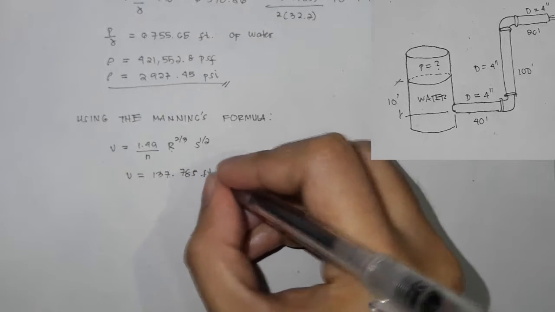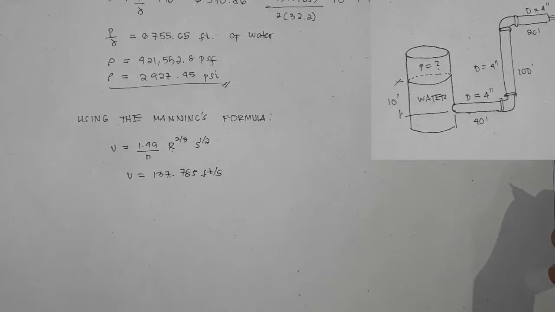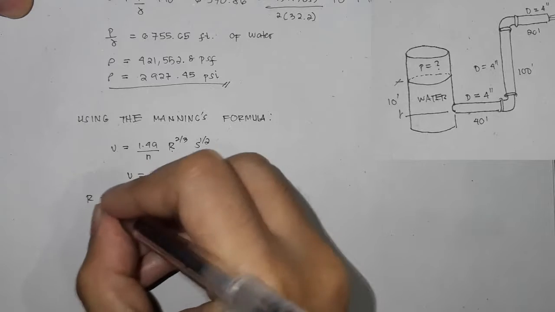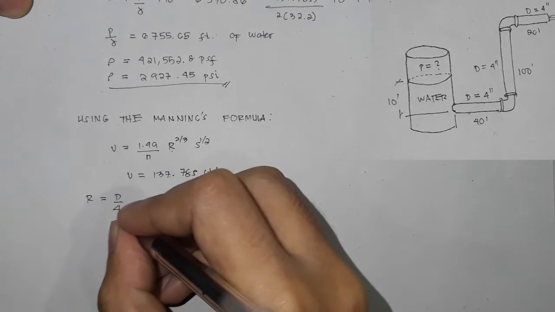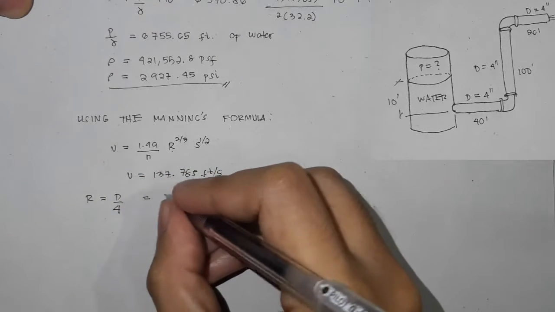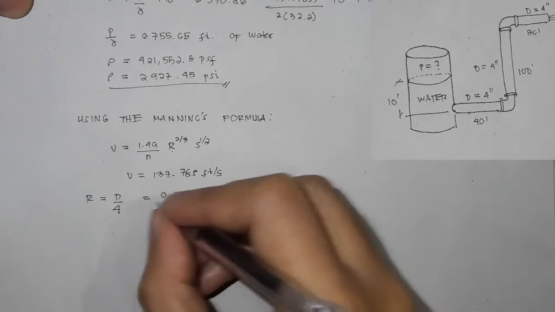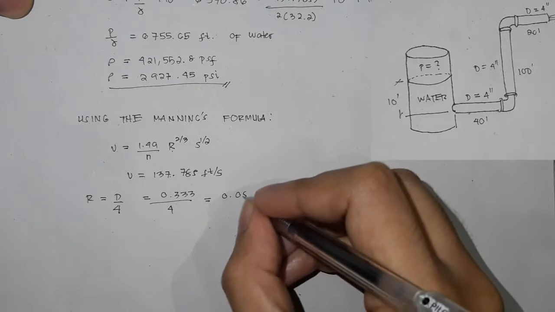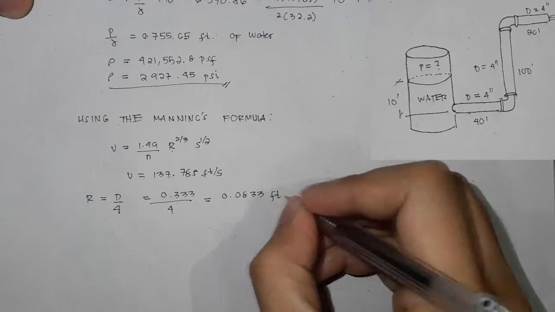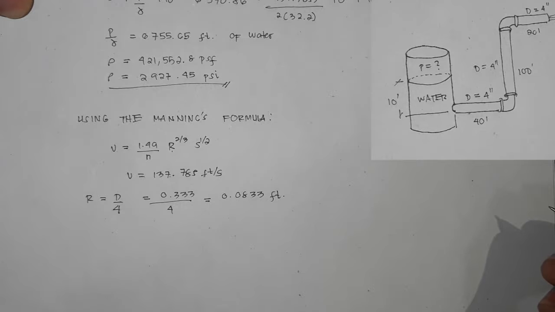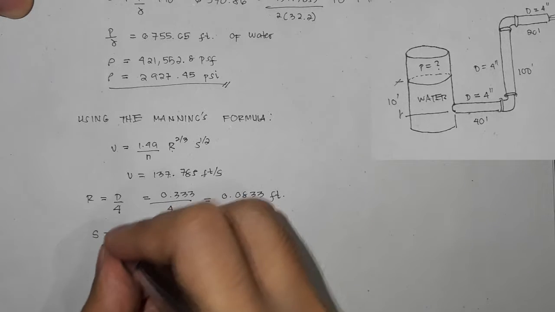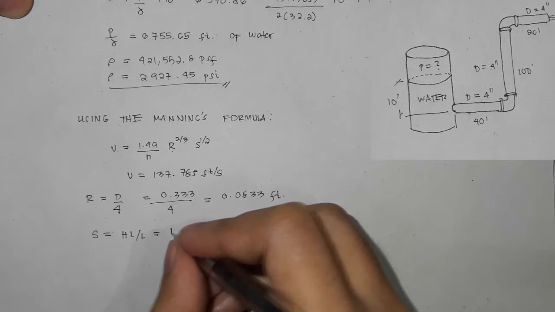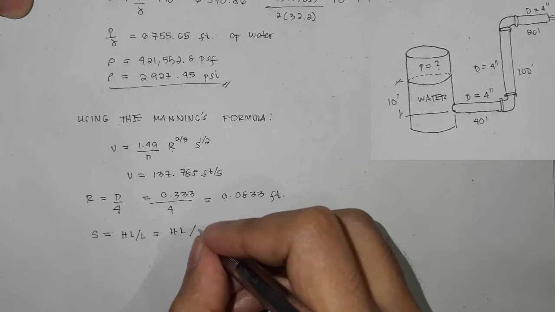Given the velocity is equal to 137.785 feet per second, the hydraulic radius can be solved as d over 4, which is 0.333 over 4, equal to 0.08333 feet. The formula for getting the slope is head loss over its length.